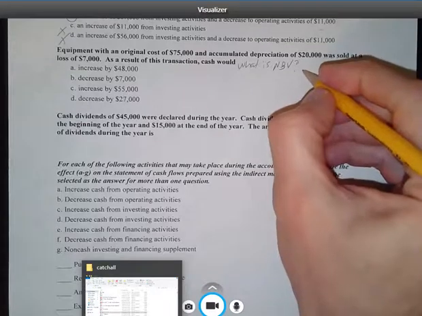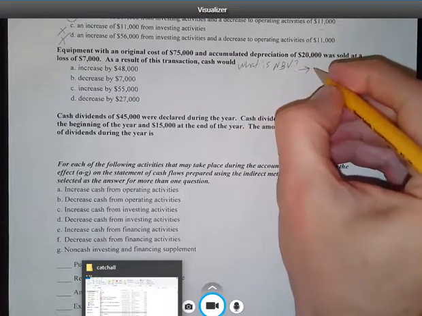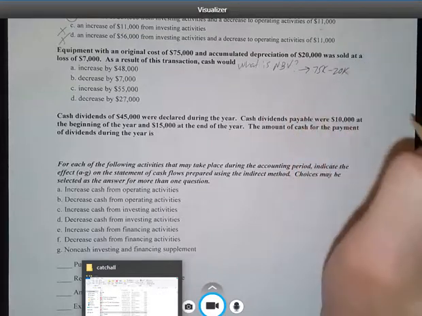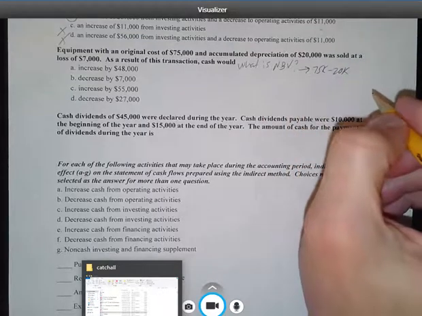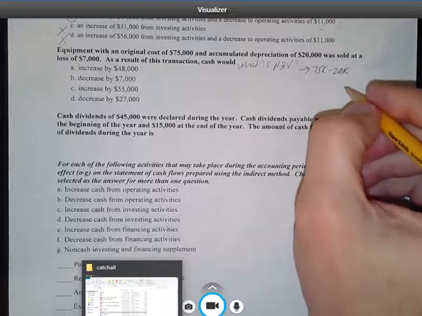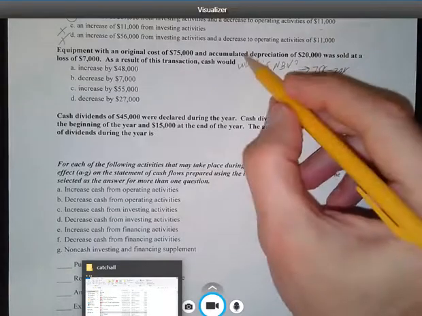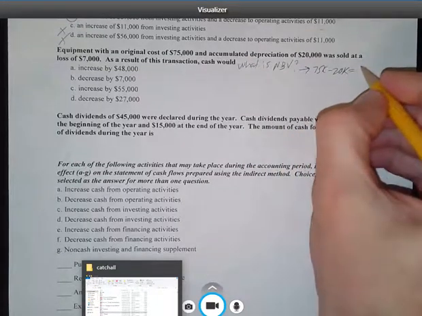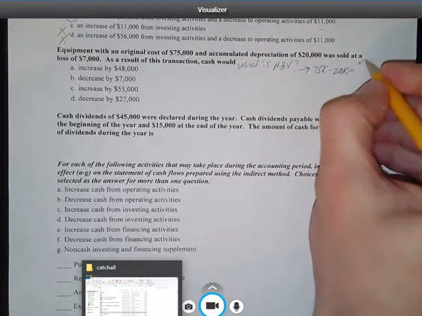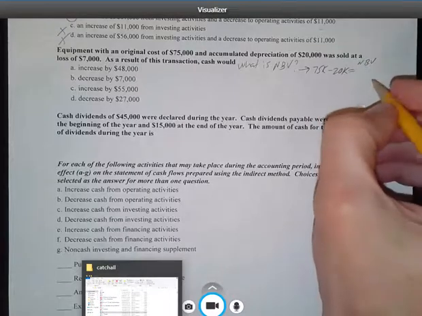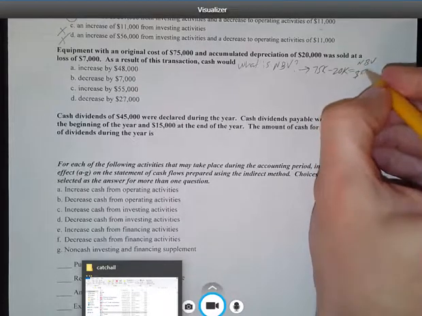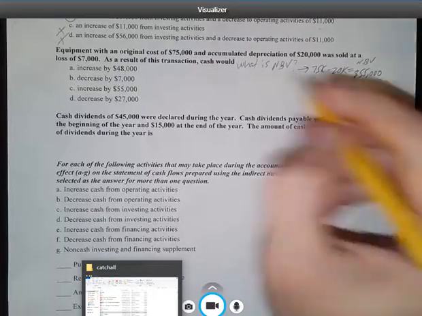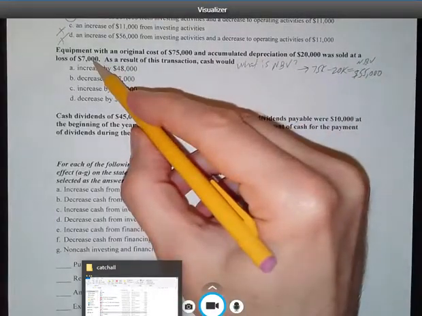The answer is $75K minus $20K taken over the time that we've used it as depreciation expense, which shows up on the balance sheet as accumulated depreciation. So our net book value equals $55,000. And it also says that we sold it at a loss of $7,000.